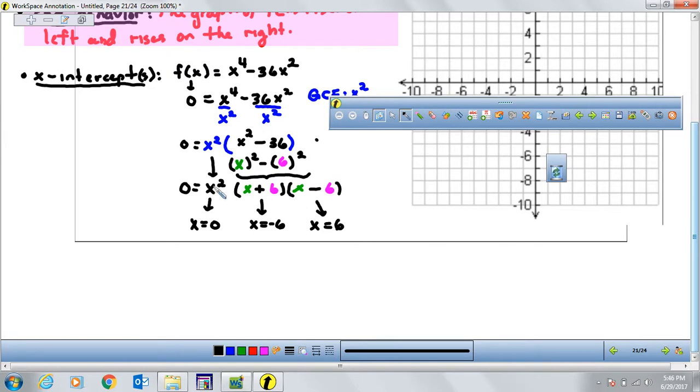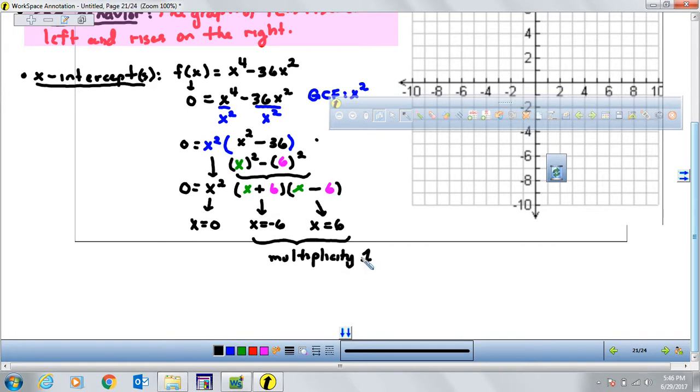Now, if we look at this equation, how many times does the x minus 6 appear in this equation? Only once. How many times does the x plus 6 appear in this equation? Only once. So automatically we can say that these two zeros have a multiplicity of 1 because they appear only once in the equation.